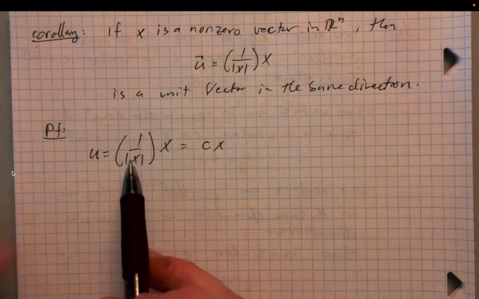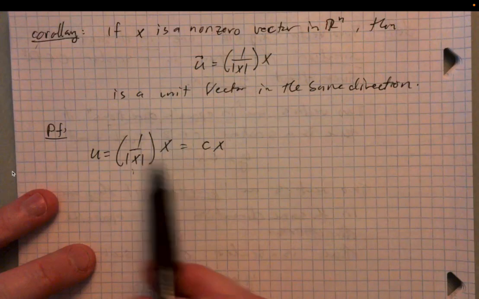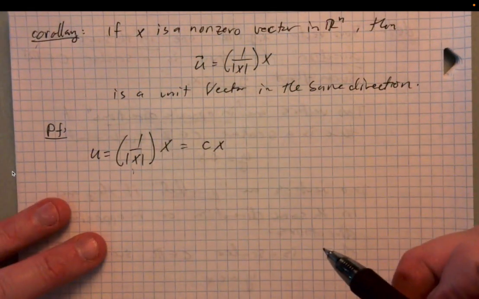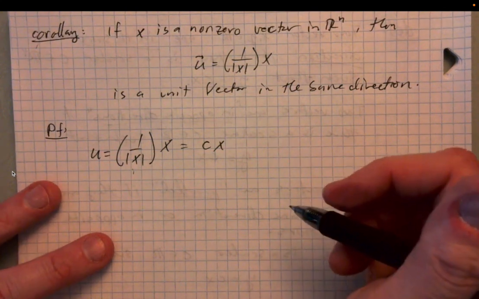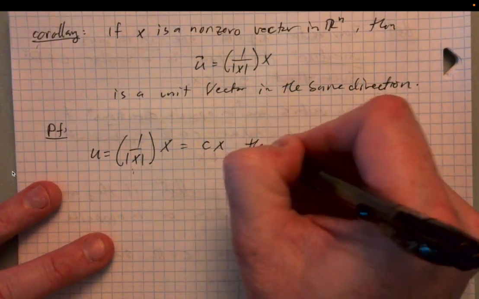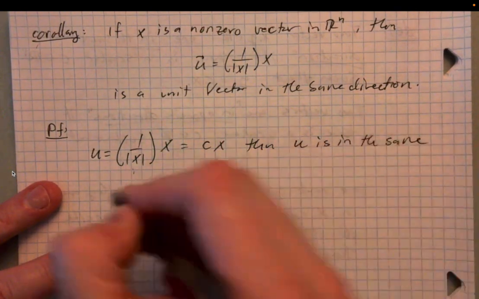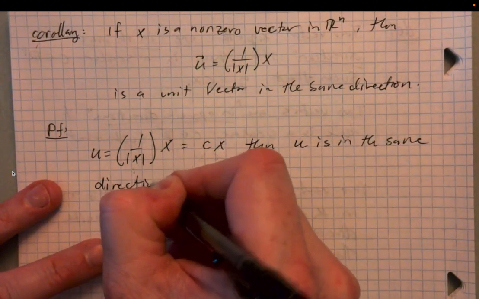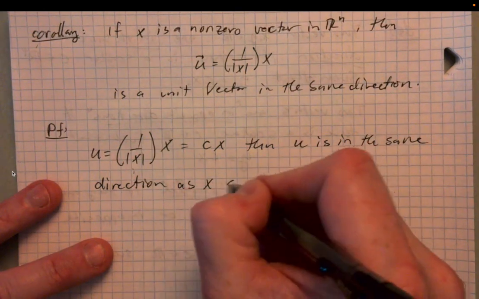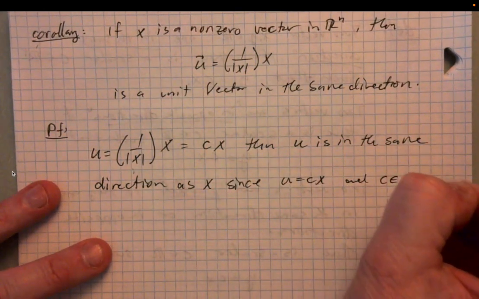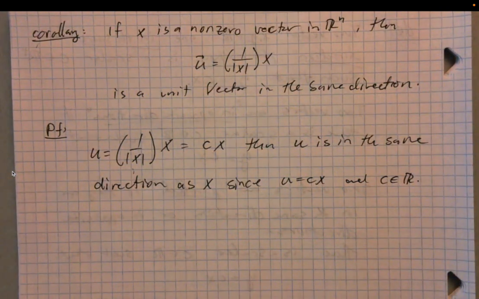So if u has this form, then u is certainly in the same direction as x, because u is equal to cx and c is a real number.